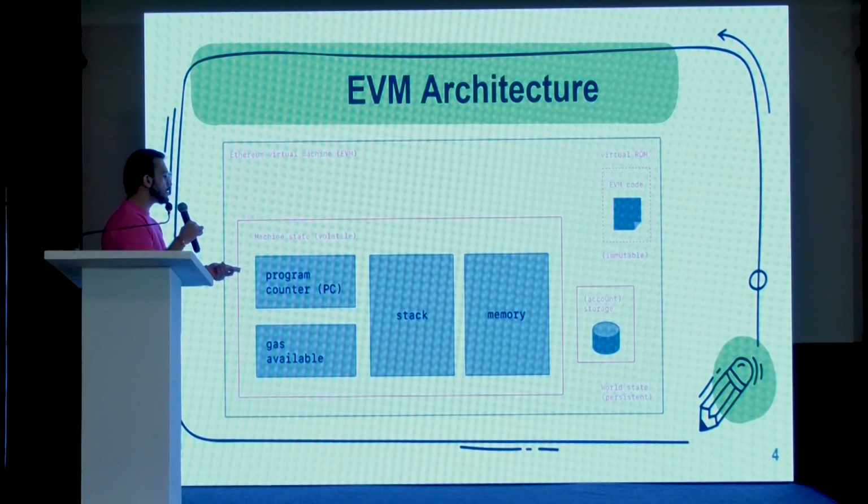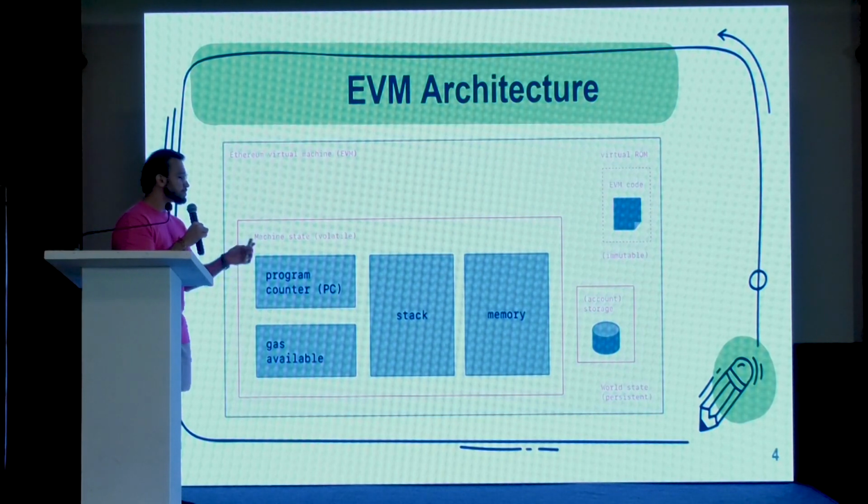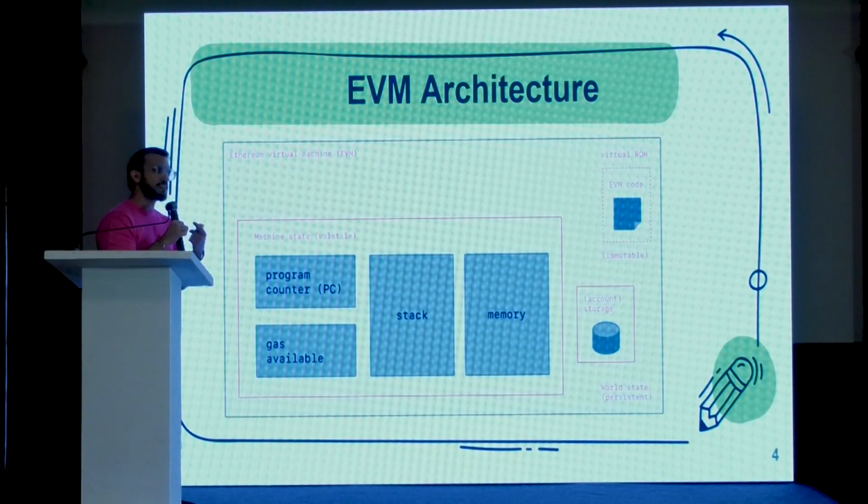Then we have the memory, this part of storage basically exists only during the time of the smart contract execution. If you have written any smart contract, you might have seen the keyword called memory that's used. That's basically this. It is not a part of the storage, so it's not persistent.